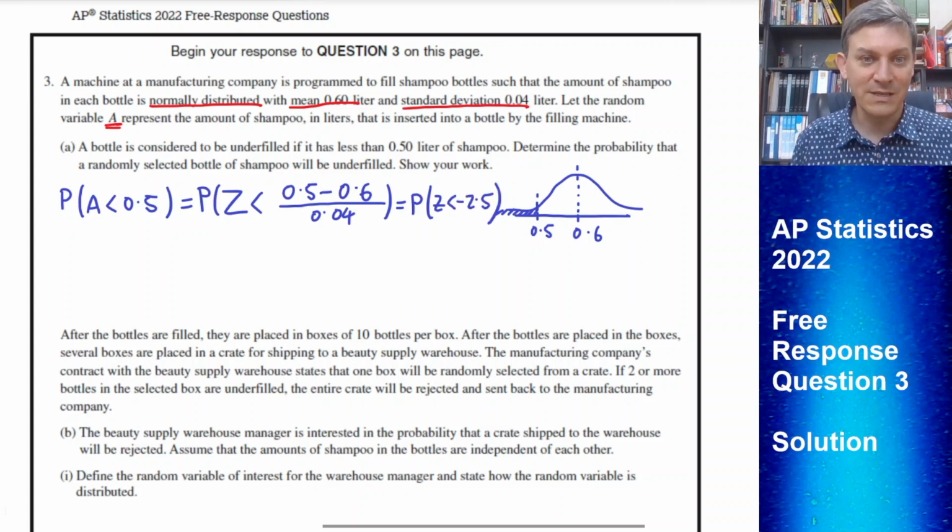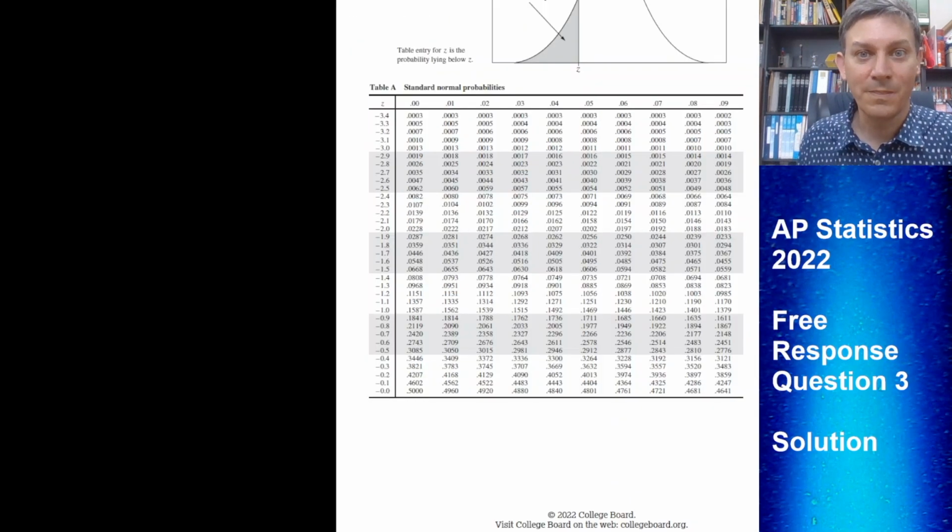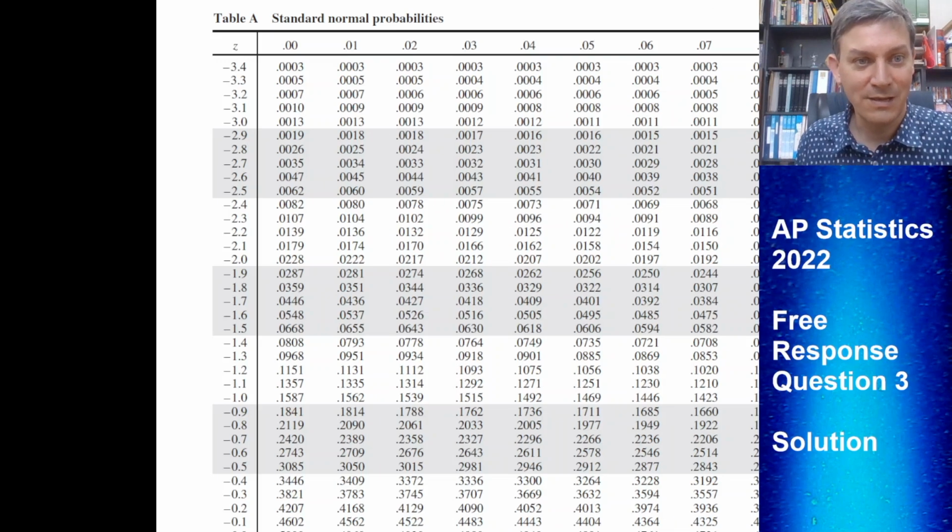So we want the probability that a standard normal Z is less than minus 2.5, and as I said, if you go to the exam paper here, this is at the back of the exam paper, you can find tables for exactly this problem and look at this table. So the value of Z is shown in this left hand column here, and we want Z is minus 2.5, which has a probability of 0.0062.